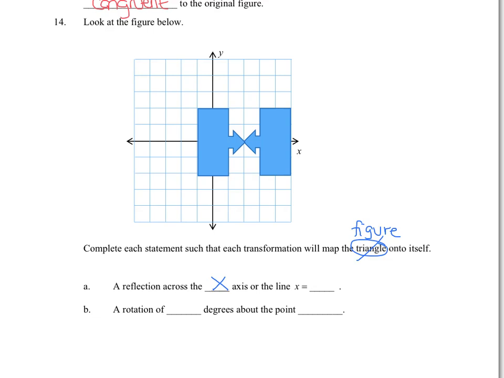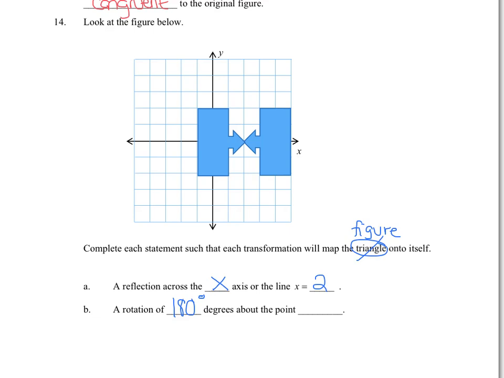Also, a reflection across the line x equals 2 will do the same thing, because these can fold onto each other. And they're going to map onto themselves. Another option is a rotation of 180 degrees.